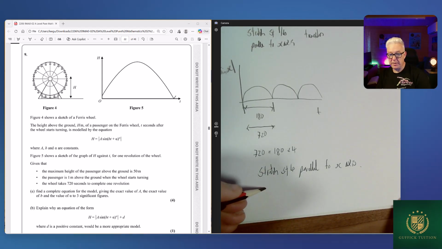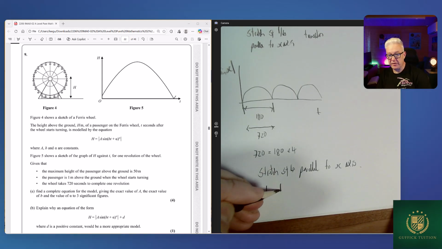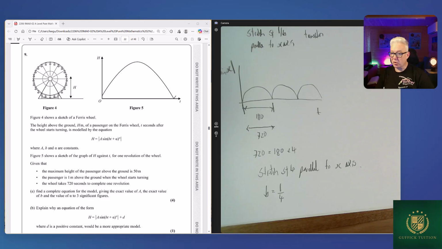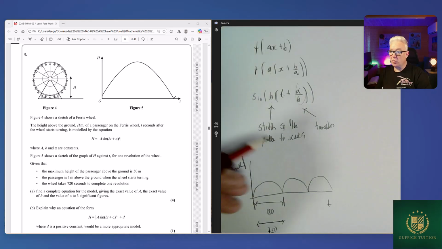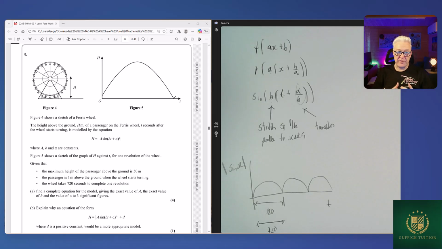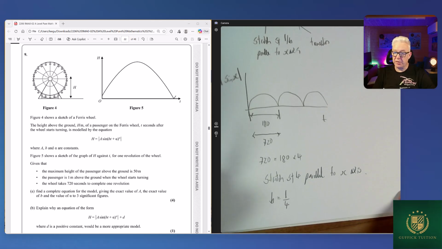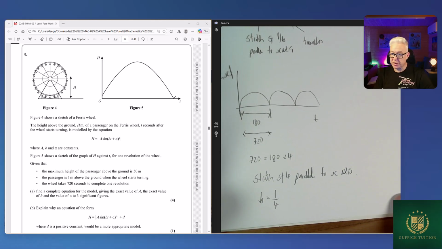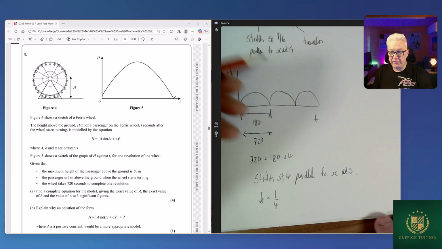Okay, and I think that's super tricky to be fair. So b is a quarter, because then when we've got a stretch of scale factor 1 over b, we're going to have a stretch of scale factor 1 over a quarter, and 1 over a quarter is 4. So that means that b is in fact a quarter. Okay, so we've now got our full model.